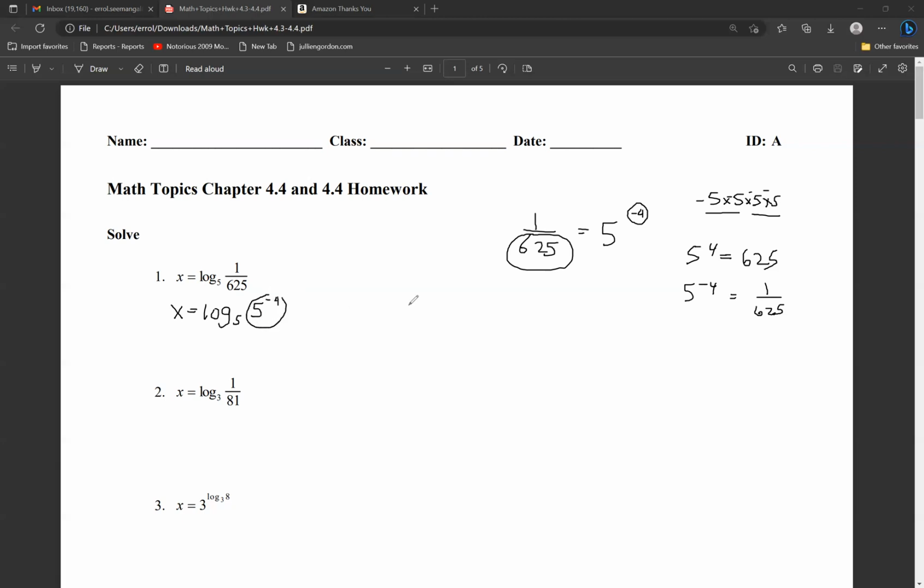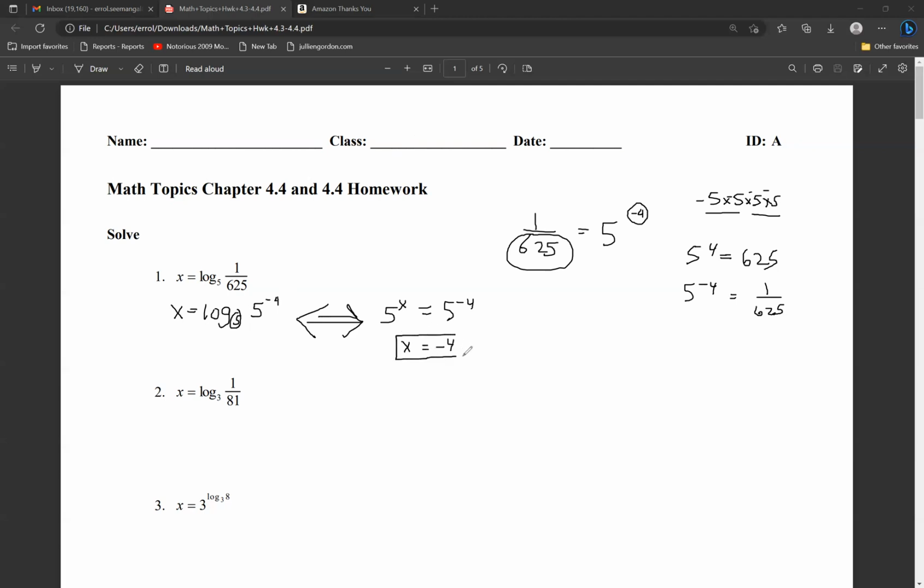We're going to say equals 5 to the -4, and then the subscript is this. Basically, we can write this like this and they mean the same thing, right? So then your x is -4.